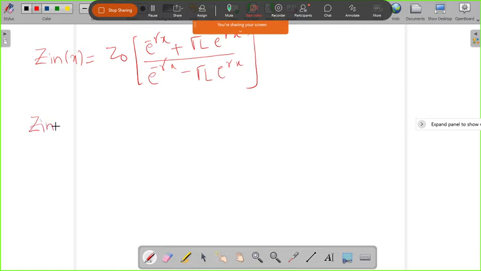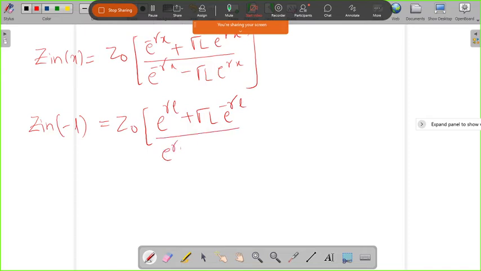Now if I substitute x equal to minus L, we get Z0 into e power gamma L plus gamma L into e power minus gamma L, divided by e power plus gamma L minus gamma L into e power minus gamma L. Okay, this is the expression for Zin at the input side, which is x equal to minus L.